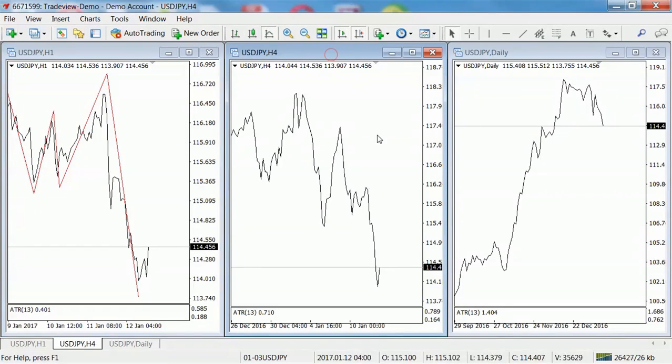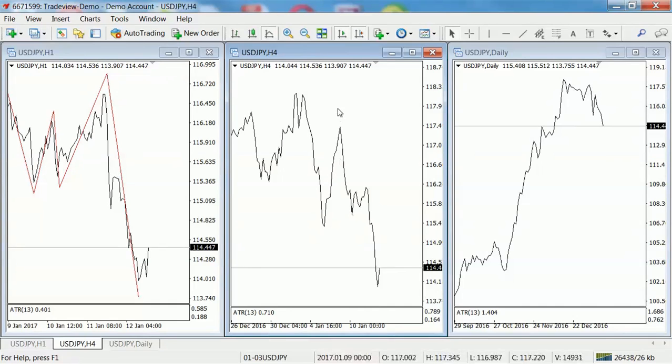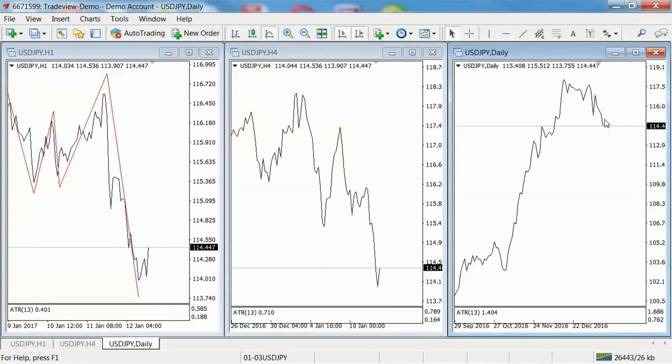Either you want to train your eyes to see the swing on a live chart without the zigzag. So maybe in the beginning you need the zigzag, but as you develop the skill, then you probably are not going to need it. Okay, so it's really simple. For example, in this one, so this one's already moved, I think.